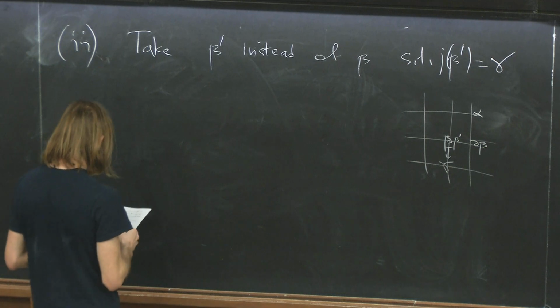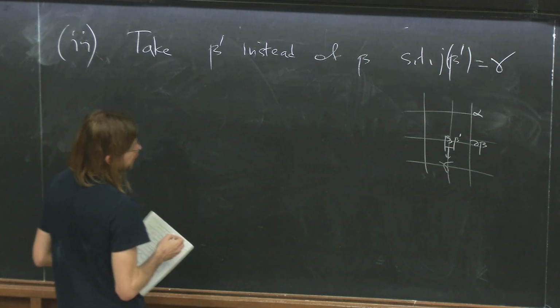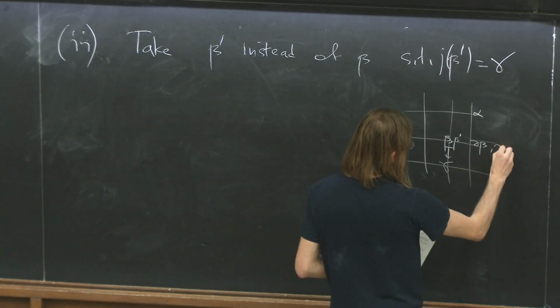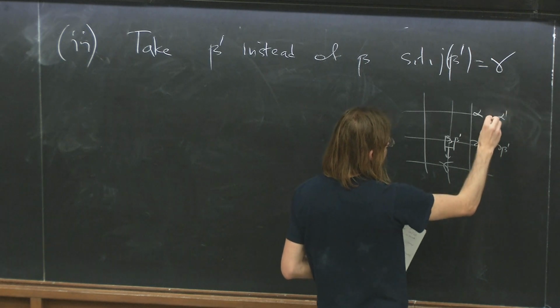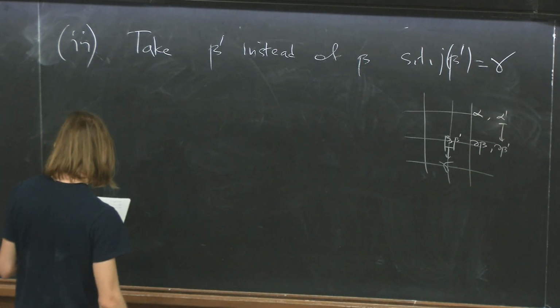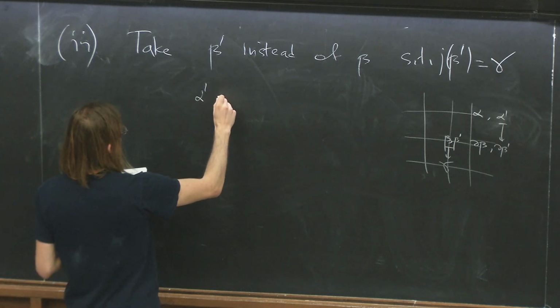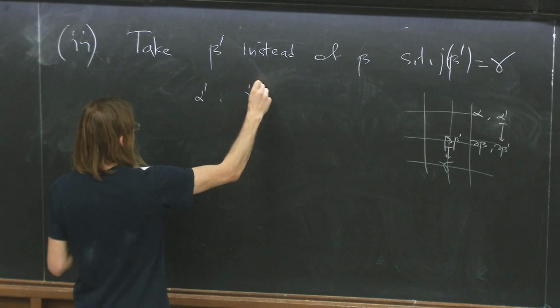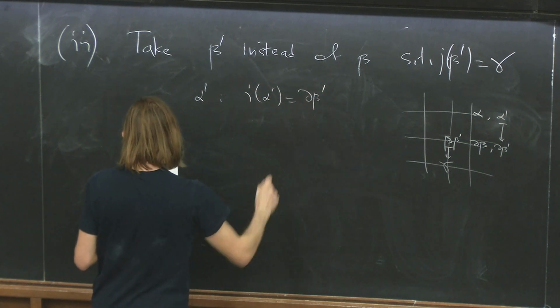And there will be correspondingly a different D beta prime and possibly another alpha prime. Right? Alpha prime will be such that I of alpha prime is equal to D beta prime.